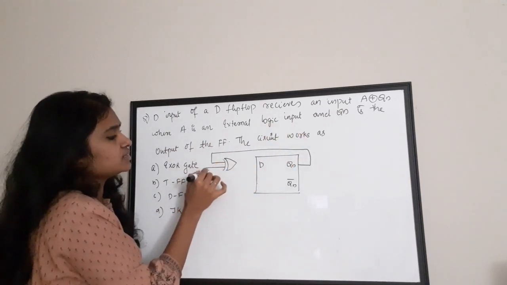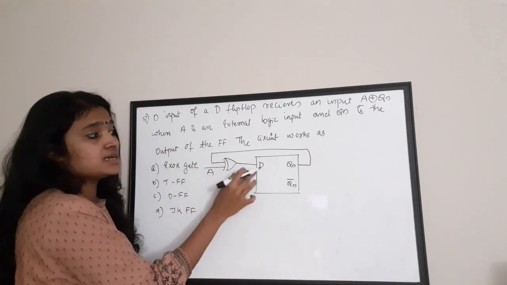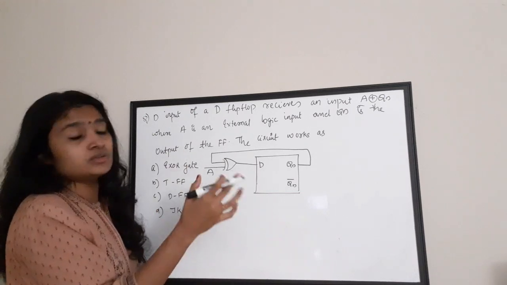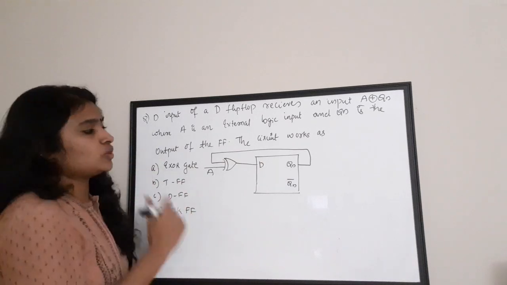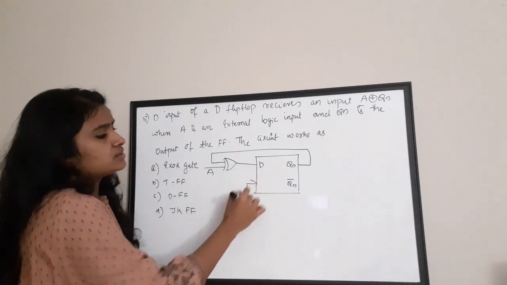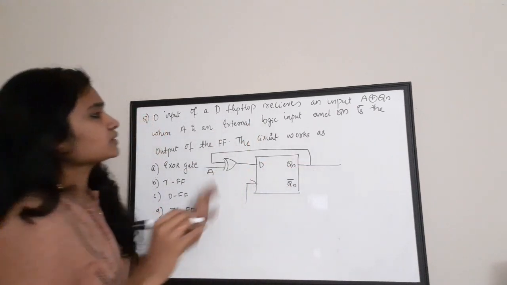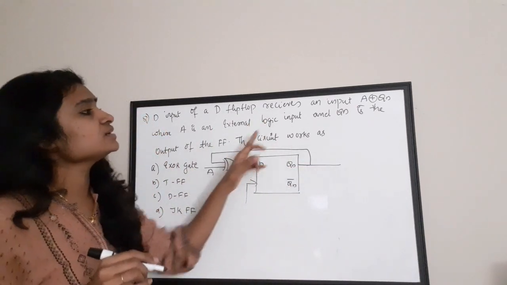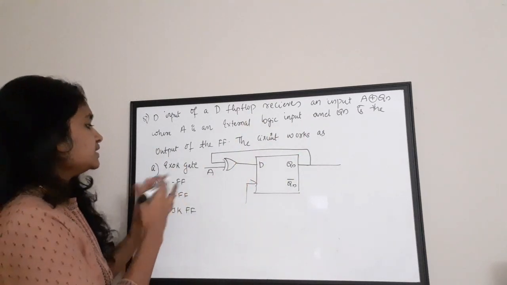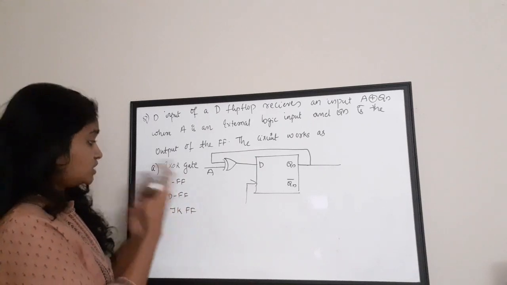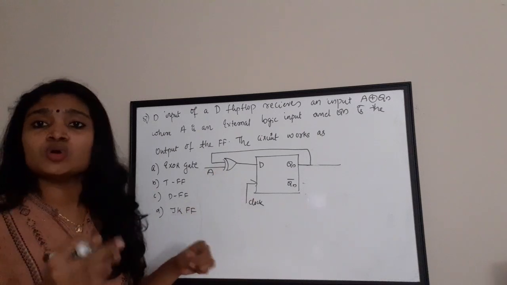So this is an external logic input, and the output of this XOR gate is connected as an input to the D terminal of the flip-flop. Okay, so this is a clock connected. So this is the output, and in the question they are asking the circuit works as dash. Whether it will be an XOR gate, a D flip-flop, a T flip-flop or a JK flip-flop. So for answering this question, we need to write a small truth table.